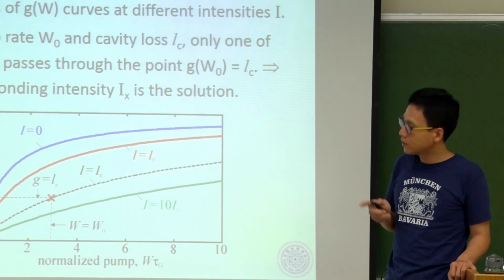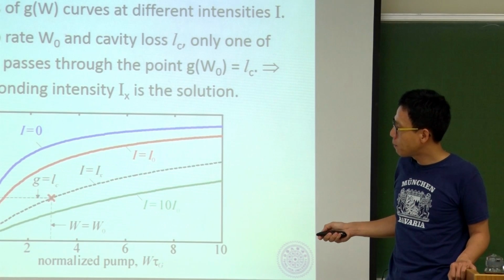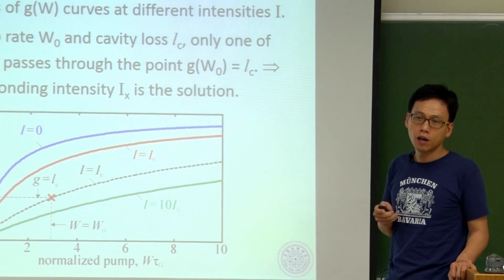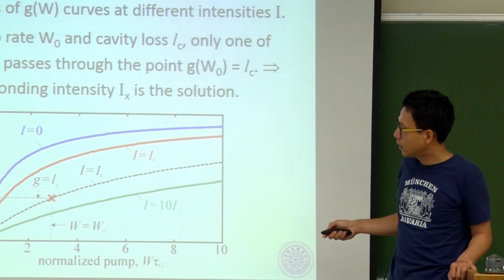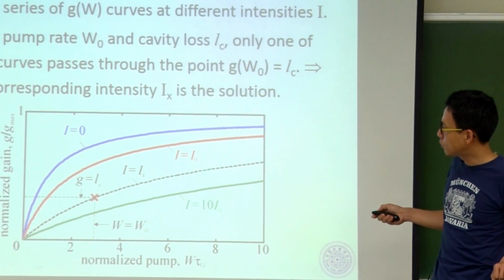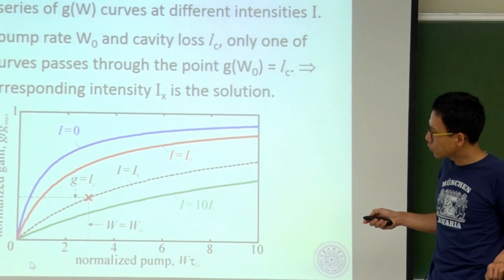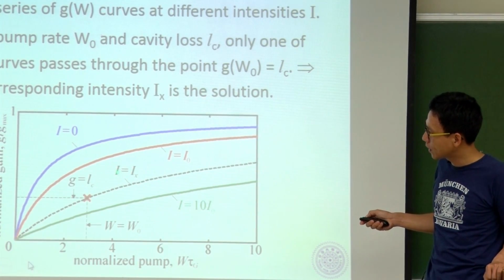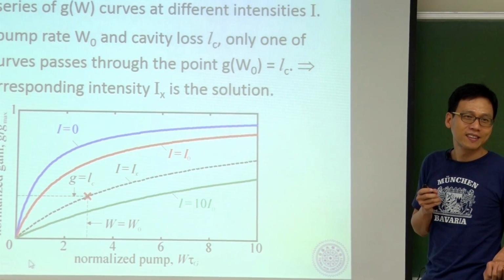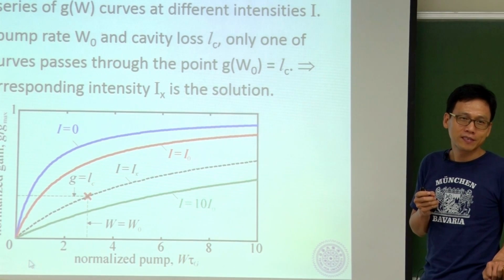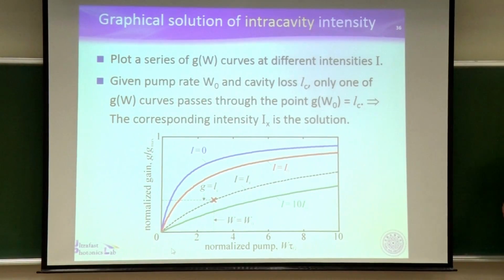Okay? Then there is only one curve that can pass through this red cross. Say the black dashed curve happens to pass through this specified point. And the corresponding light intensity, say I equals Ix, is the solution. Okay? So do you know what I mean? The graphical solution, 2 steps.